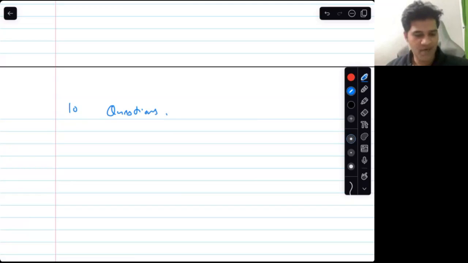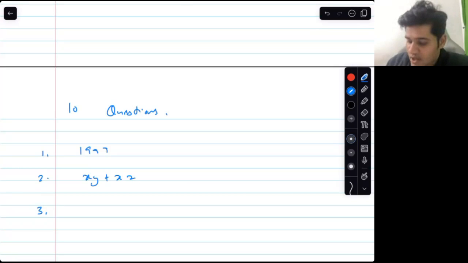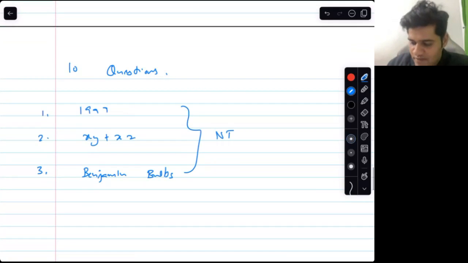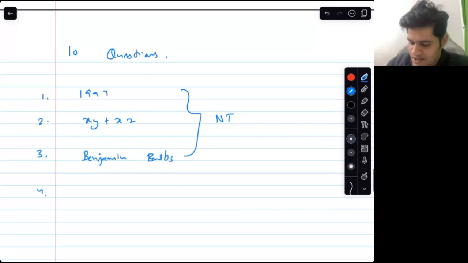Let me start with number theory. The 5 questions that I would want to do today: there is a question on this, another question is xy plus xz, another one is, so this is maths plus learnability, a very interesting puzzle, Benjamin bulbs. So these 3 are related to number theory. Then I would start with the binary number system, basically number system.